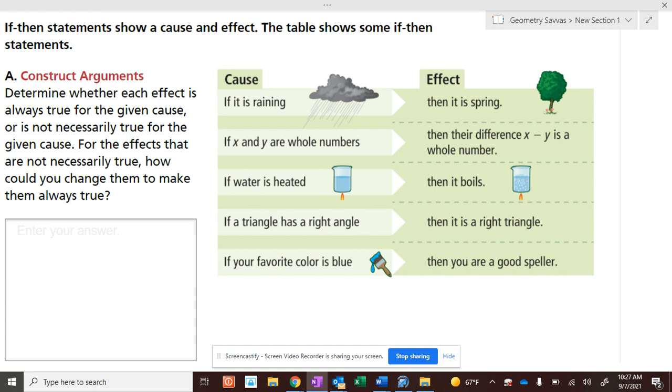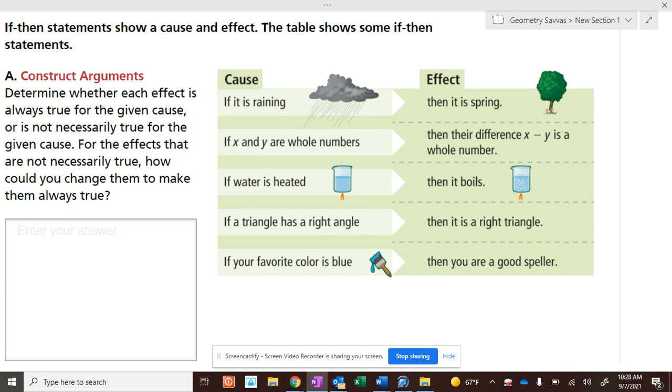If x and y are whole numbers, then their difference is a whole number. Well, let's think about that. A whole number is like 6 or 2 or 7 or something like that. Okay? What's 6 minus 2? 4. That's a whole number, right? What's 12 minus 1? 11. That's a whole number, right? So would that be true?